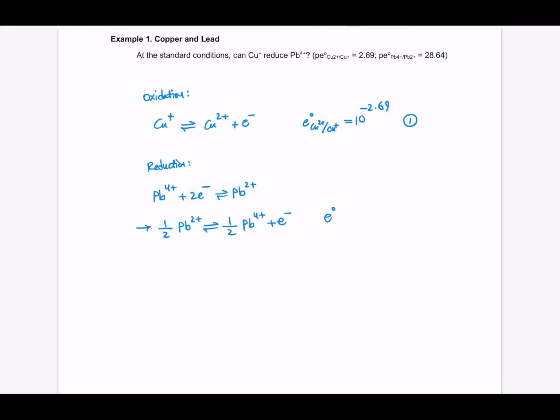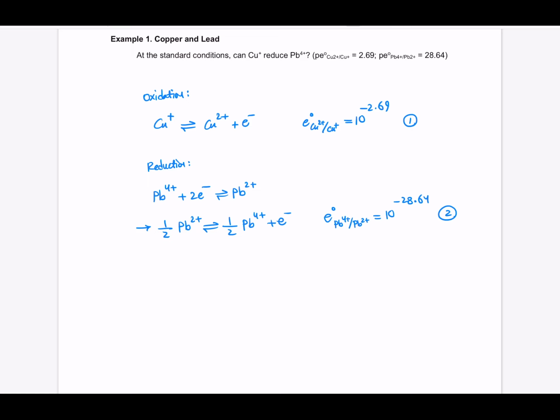Now the standard reaction for this one would be Pb4 plus Pb2 plus, 10 to the minus 28.64. Normally I should give you these two values in the form that one is oxidized to the other, but don't rely on that. Sometimes I'm lazy and I just switch the two. Also it's your job to calculate the oxidation state to figure out what is what.